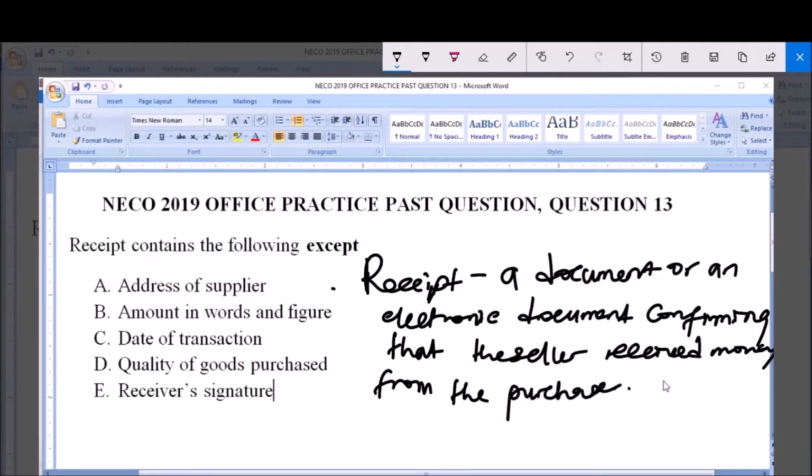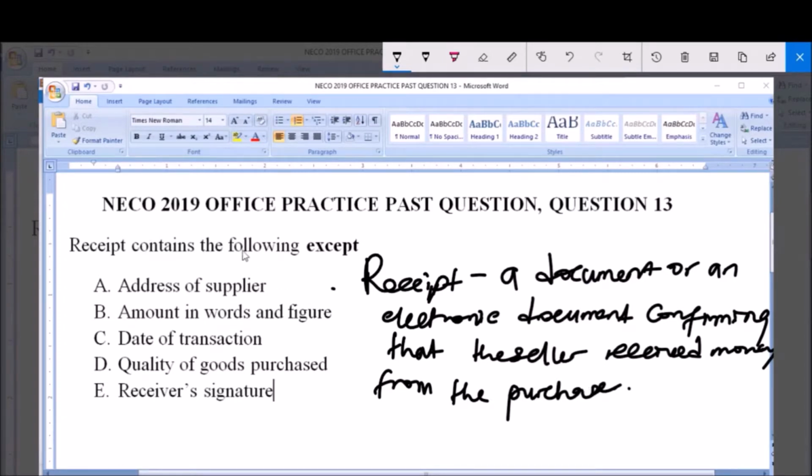It also includes the description of the items the buyer purchased, that is the number of the items the buyer purchased. Let's say the buyer purchased a radio, or maybe purchased 2 radios. It should be stated in the receipt.